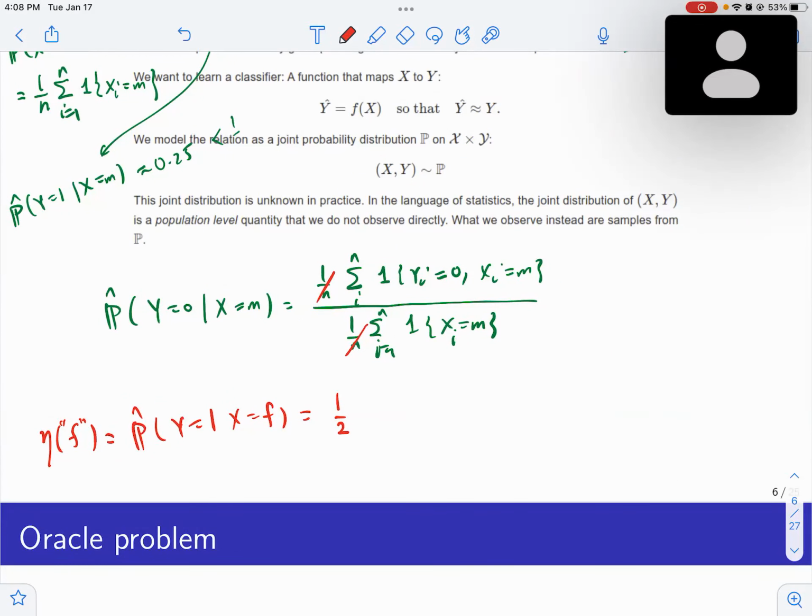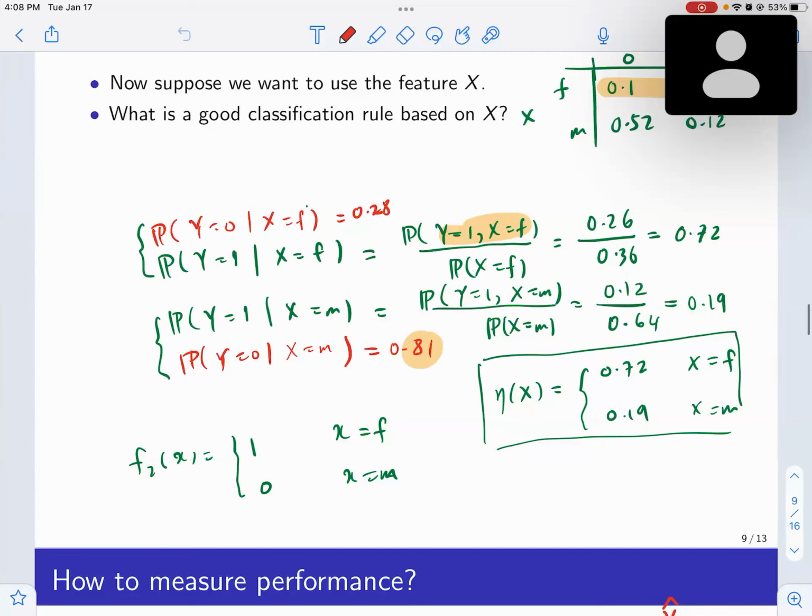So you can see in this case our estimate of this is not quite good, because if you go back to the actual true distribution, in this case it turns out to be 0.72, we're off. We're off so that we hit the boundary. So we're off catastrophically.